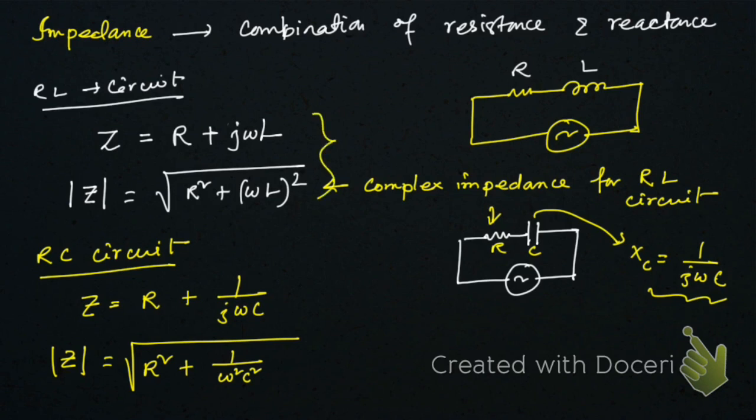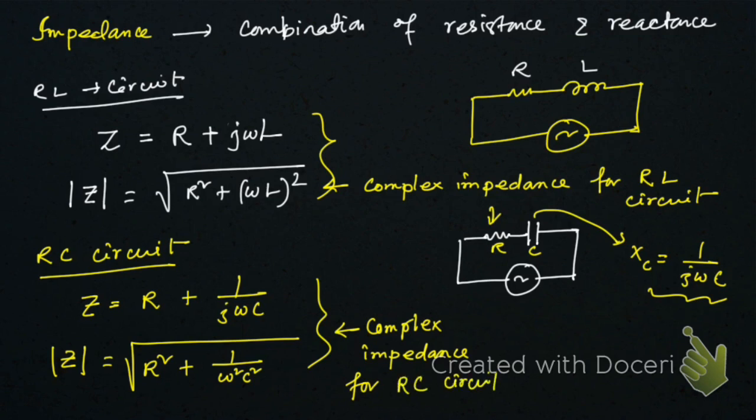So this is the complex impedance for the RC circuit, right?